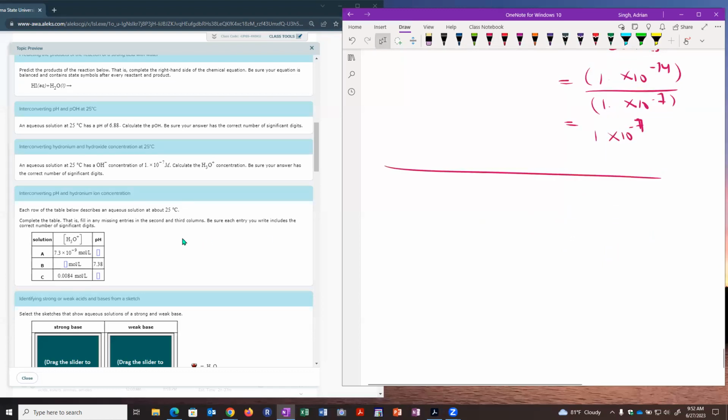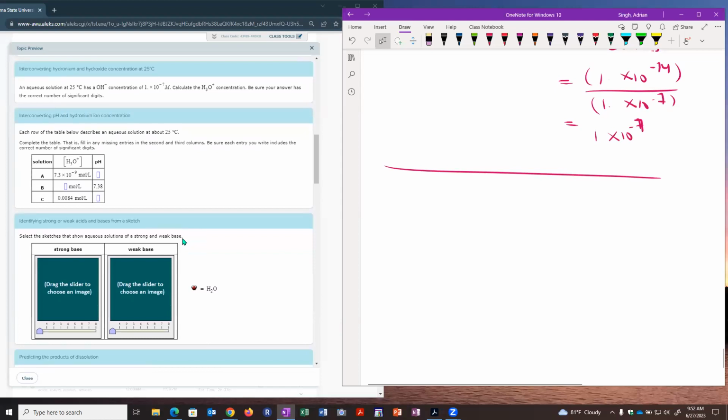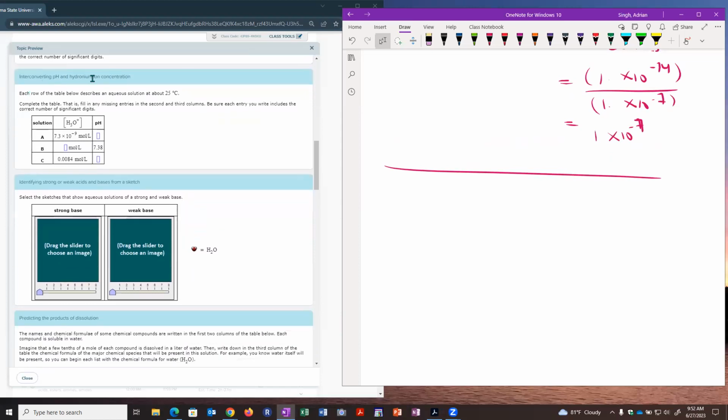All right, so let's see. The next one looks at interconverting pH and hydronium. Okay, so let's look at A for right now. It tells us that for solution A, the concentration of the H3O plus is 7.3 times 10 to the negative 9 molar, which is the same as moles per liter.